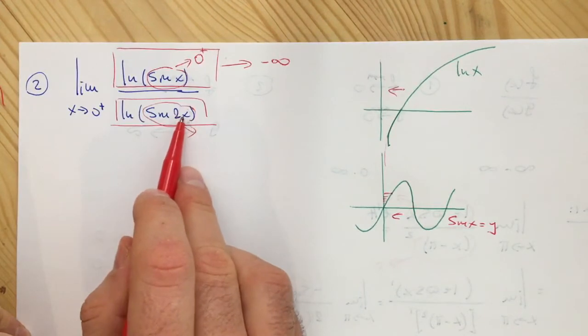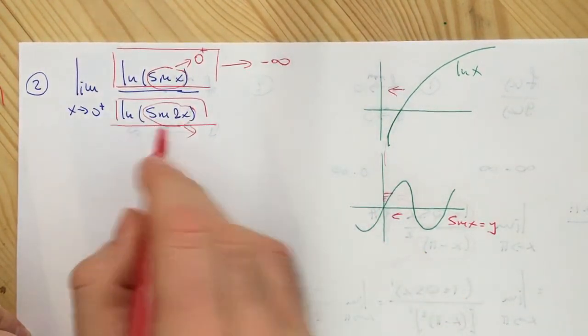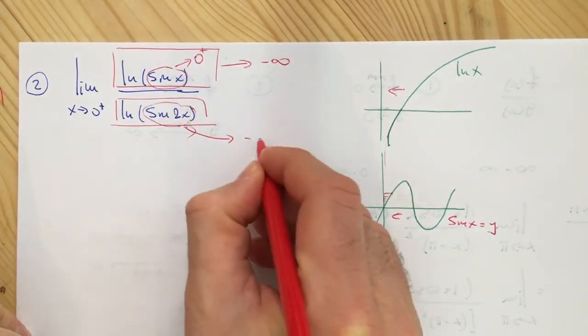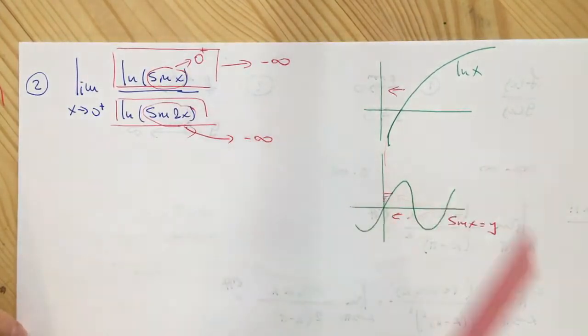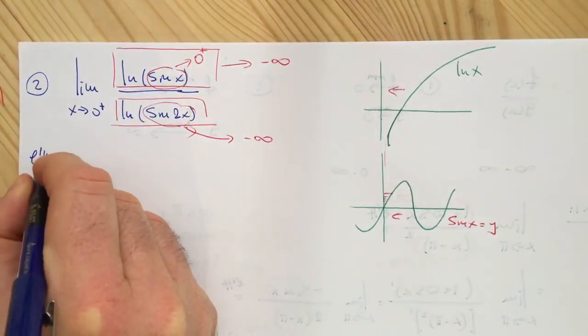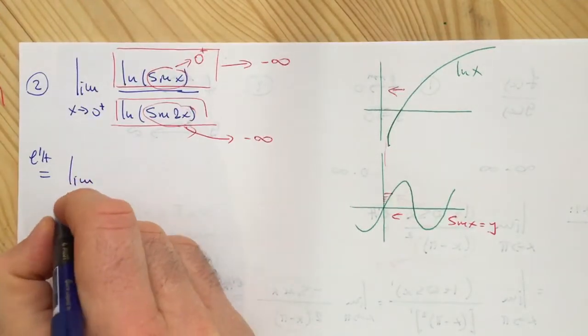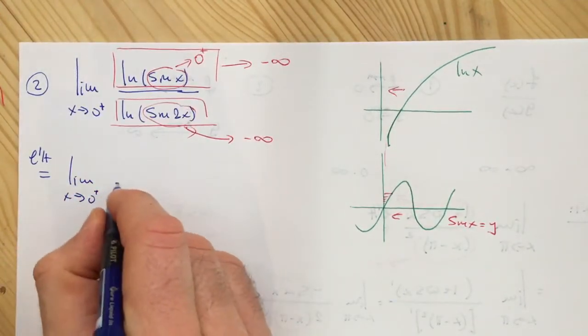Sine of something that goes to 0 from the right side will go to 0 from the right side, and then this goes to negative infinity. Okay, which means that we can apply L'Hopital's rule. I have an infinity over infinity type of limit. In this case, I can apply L'Hopital's rule.